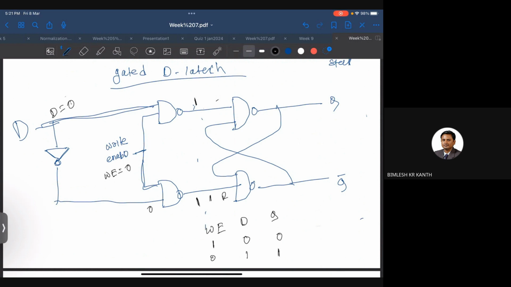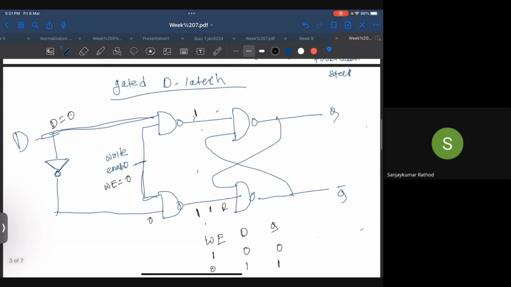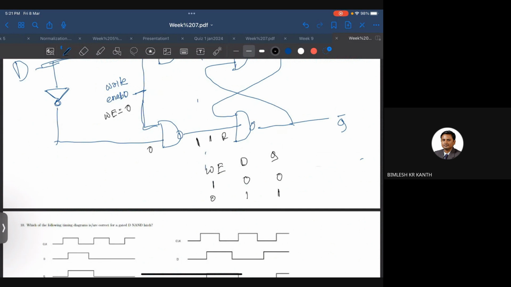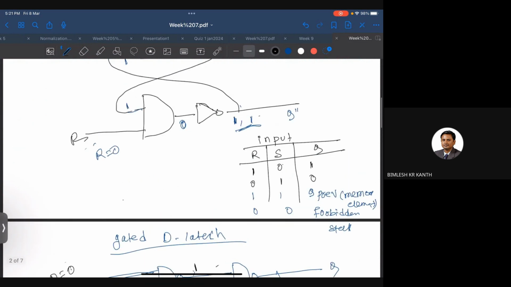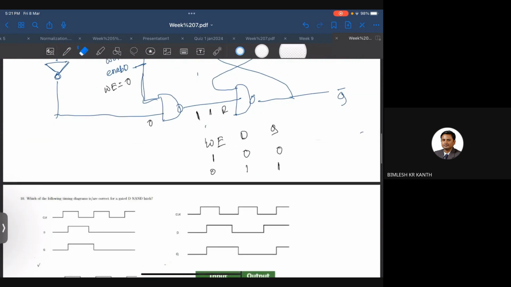So what happened in the 1 1 case? Sorry, 0 0 was forbidden. So now for 1 1, it is like Q previous. So let's write here.